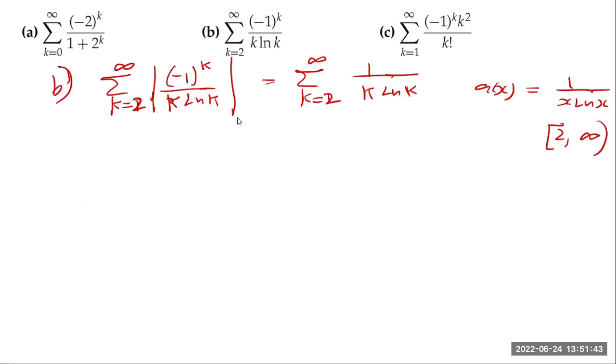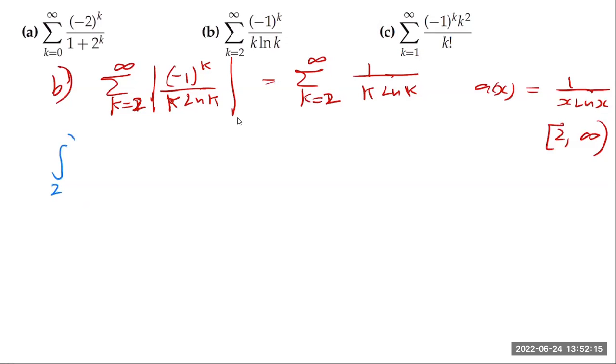And also notice that this function satisfies the criteria for the integral test. Okay, we can apply the integral test here, because if you evaluate this function when k is equal to 2, 3, 4, you will get the terms of this series clearly, and this function is continuous on this interval. So we can apply the integral test to determine whether the series converges. Okay, for that I'm going to calculate this particular integral.